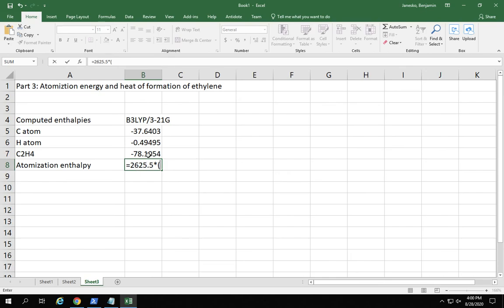It's going to be the enthalpy of the C2H4 molecule minus twice the enthalpy of carbon atom minus 4 times the enthalpy of hydrogen atom. So that is the enthalpy change predicted for forming C2H4 out of isolated atoms. So now we can also have the experimental enthalpy. I'm going to put this on a different line.